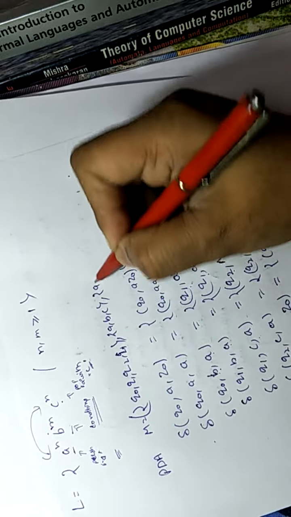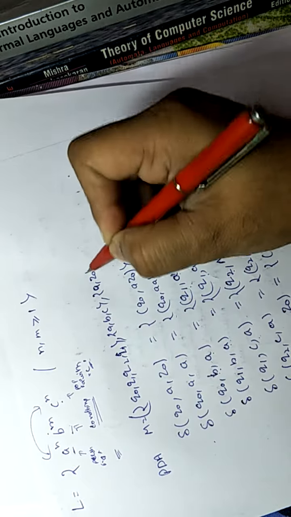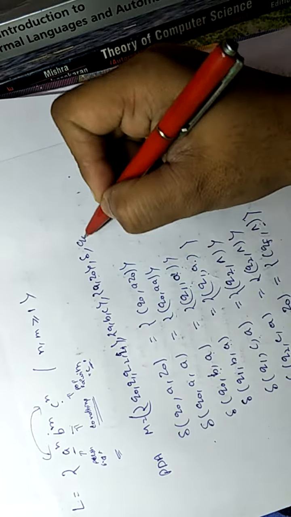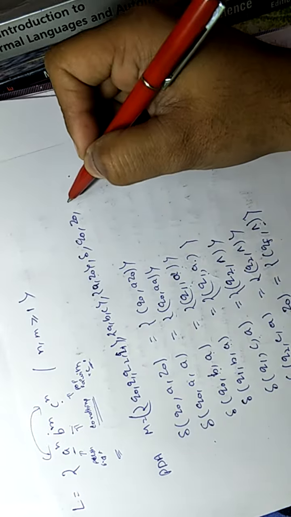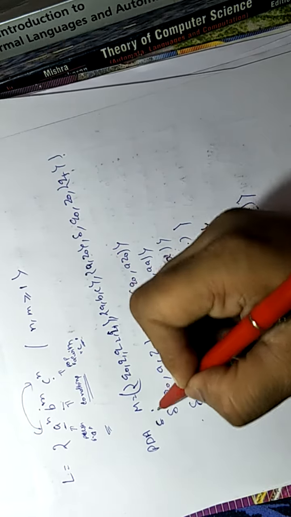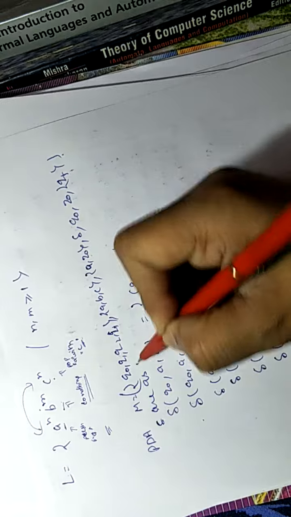Simple. We are pushing a only on the stack. z0 is the top stack symbol. There is a transition, q0 is the start state, z0 the initial symbol, and qf is the final state, where the transitions are as shown.